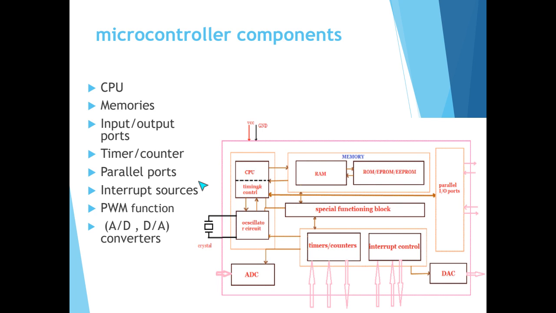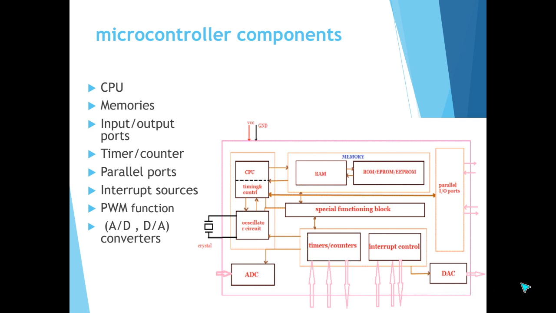Also, it is including the CPU, which is the main part of our microcontroller for processing data, and all of the peripherals are actually connected to our CPU inside our microcontroller. It's including interrupt sources, and also it has interrupt control for creating interrupts.